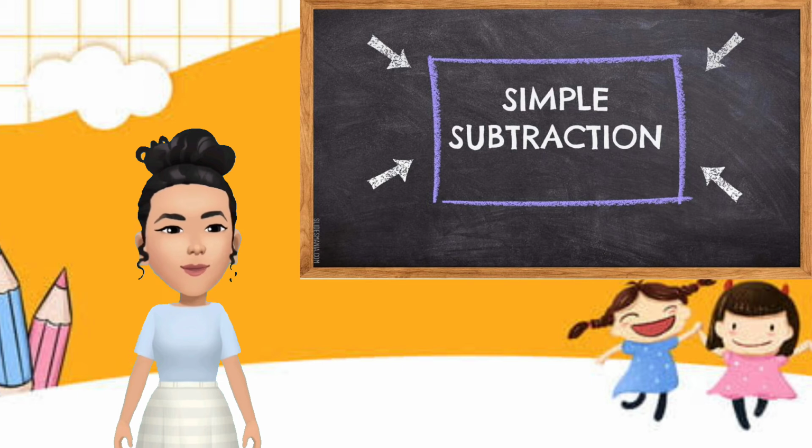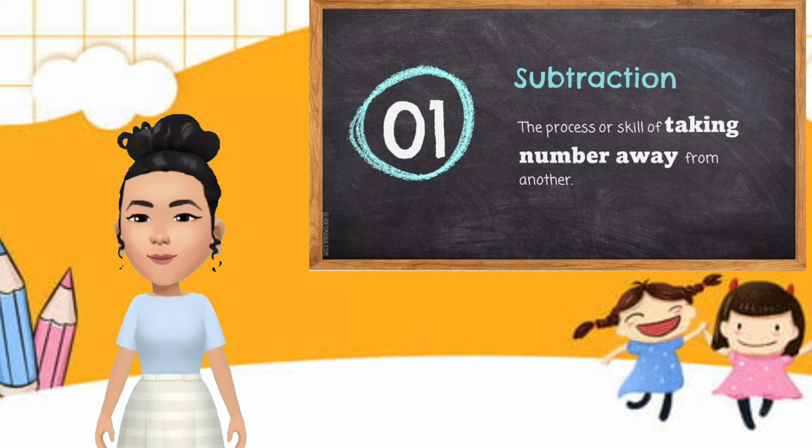So, what is subtraction? First, subtraction is the process or skill of taking a number away from another. So it means that subtraction is taking away. So take note of the word taking away.